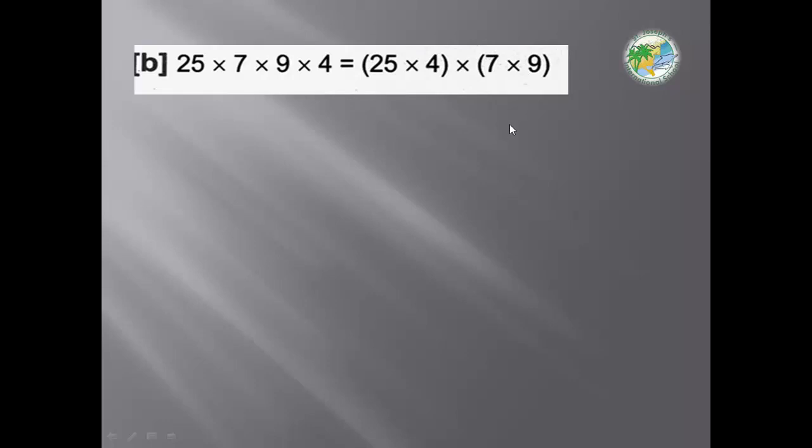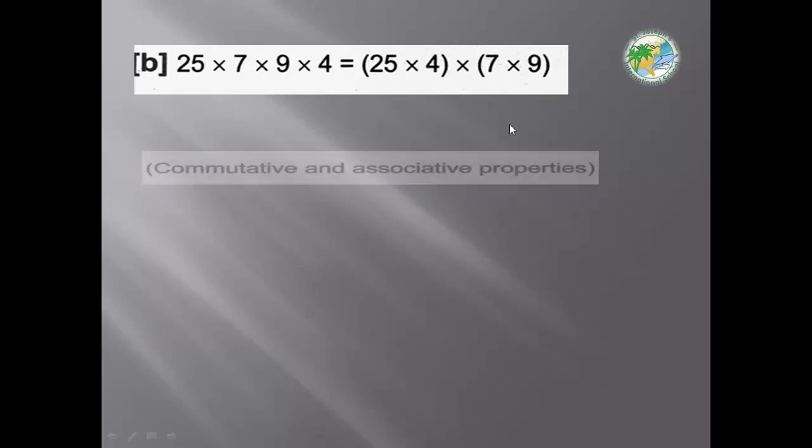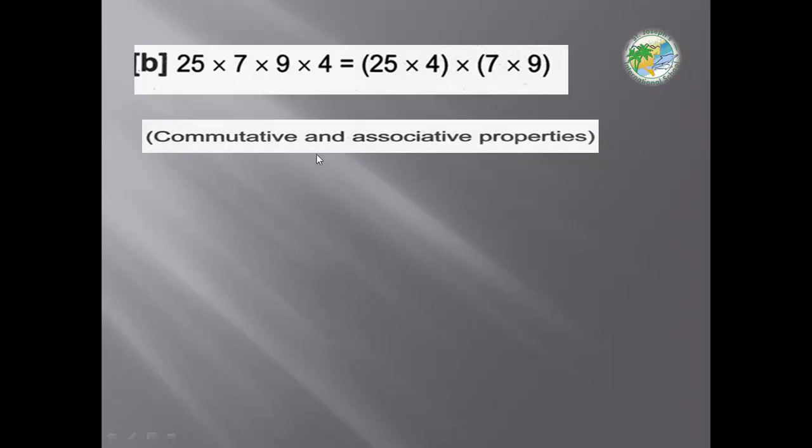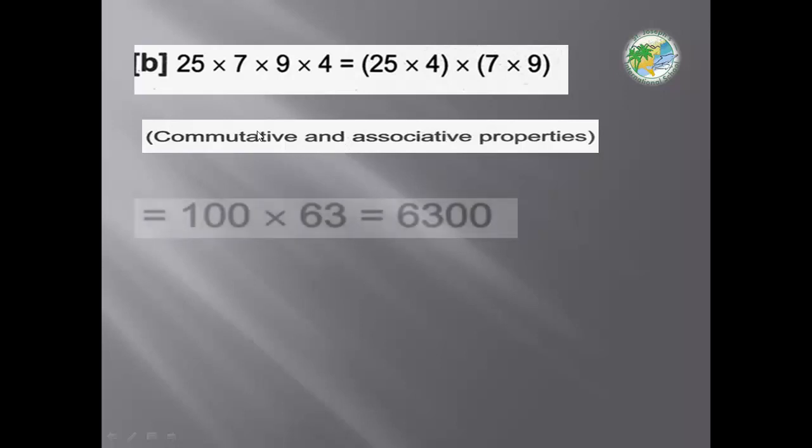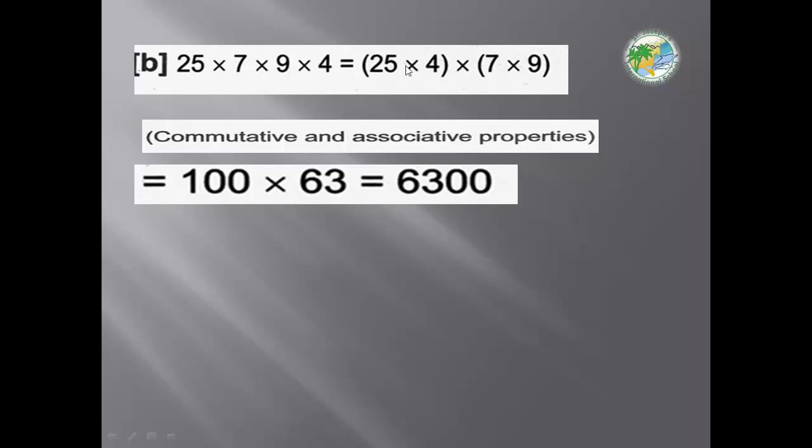Then is this one property or two properties? Two properties: commutative and associative properties. If we answer with two properties together, we should write both properties. But if just one property, then write the name of that property. Then 25 times 4 equals 100, times 63 equals 6,300. Fine.